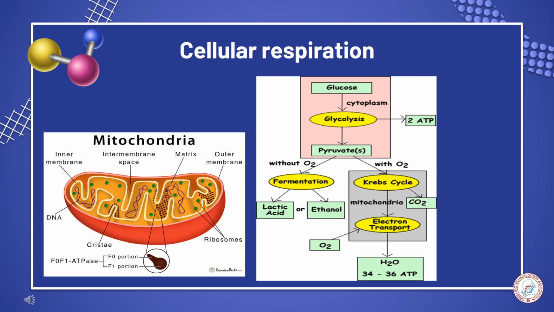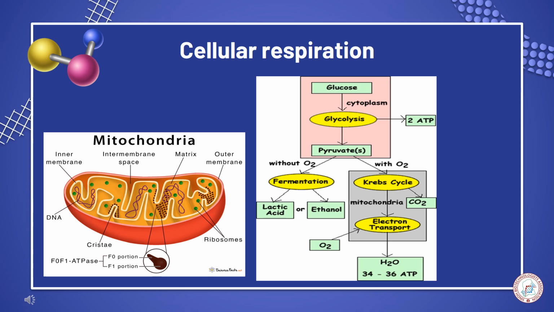Actually, I mentioned cellular respiration, a very essential process that occurs inside our cells. Whenever we think about this process, the first thing that comes to mind is a very essential organelle, well known as the powerhouse of the cell, the mitochondria, the main organelle considered in cellular respiration.